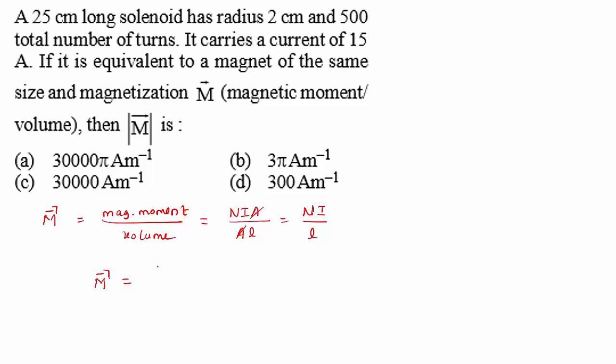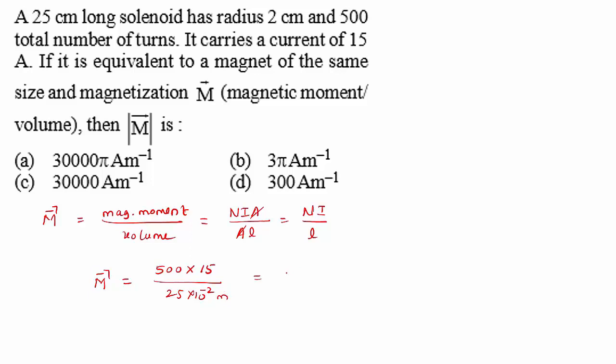N is given. Total number of turns is 500 into the current flowing is 15 ampere divided by length 25 centimeter. 25 centimeter means we can write 25 into 10 raised to minus 2 meter. So calculate the values.